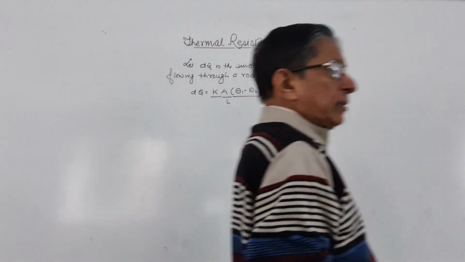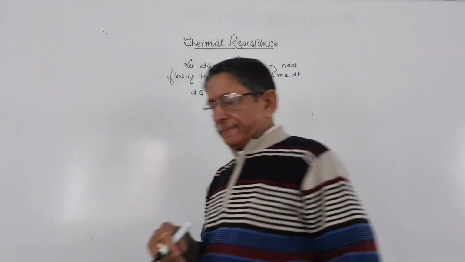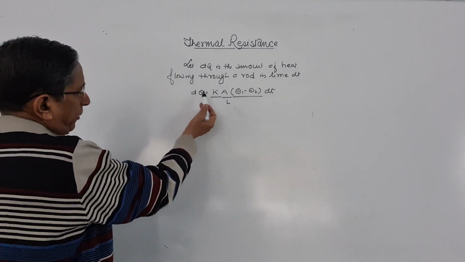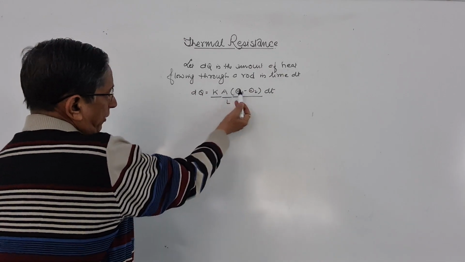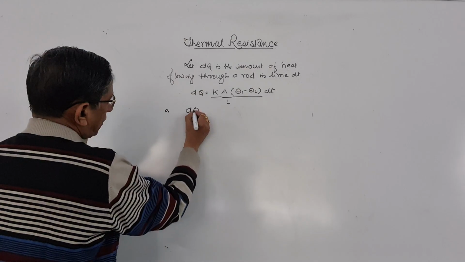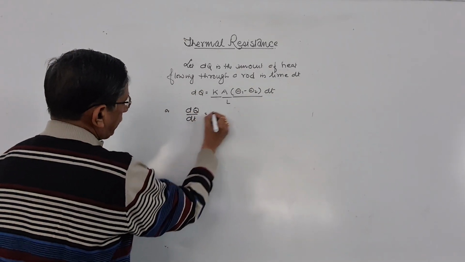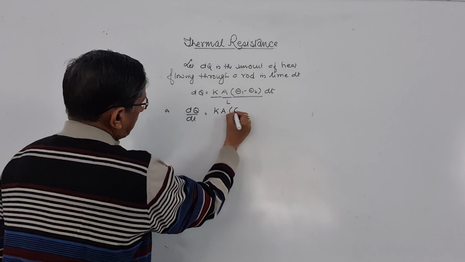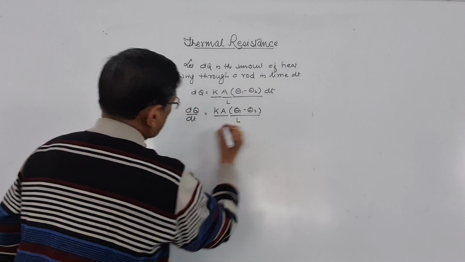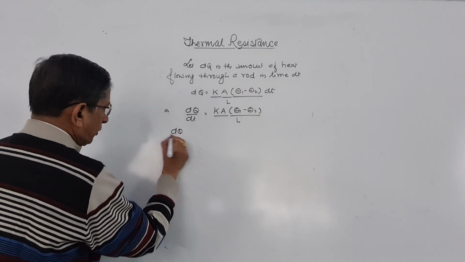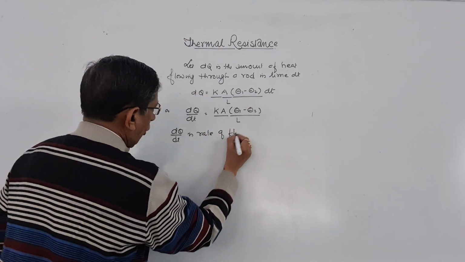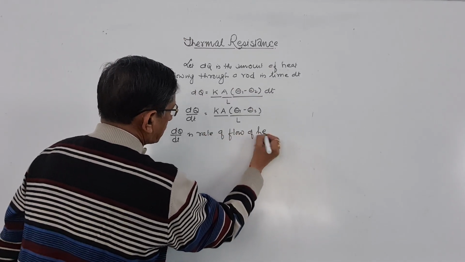The heading is thermal resistance. We have just studied that dQ is equal to kA (theta 1 minus theta 2) dt upon L, or dQ upon dt is equal to kA (theta 1 minus theta 2) upon L. dQ upon dt is the rate of flow of heat.